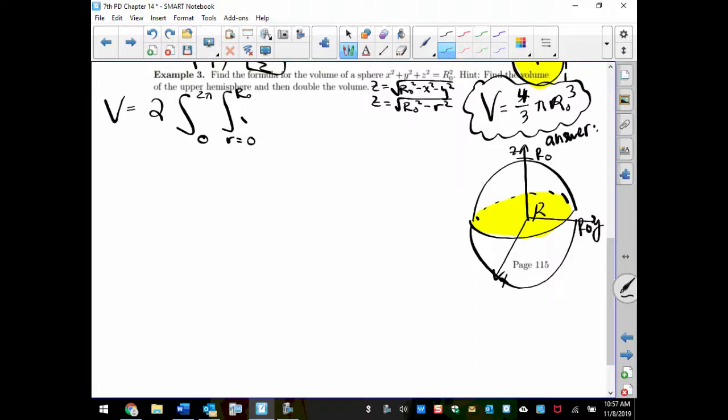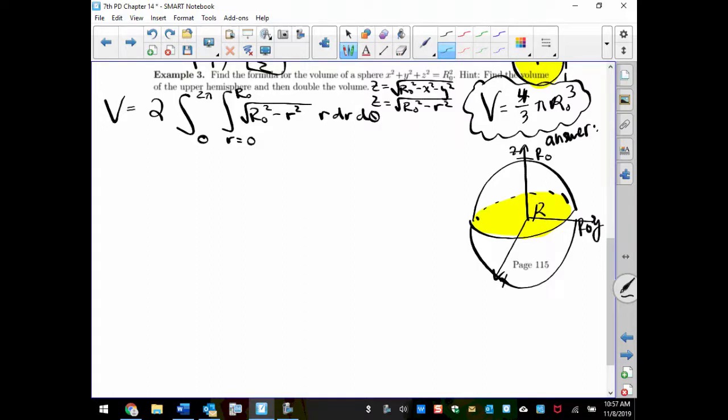So we want to replace the inside. We're integrating over this upper hemisphere of r0 squared minus r squared, and we can't forget our r dr d theta. Okay, so that is the hardest part of these problems, is to set up your integral. Once you've got the integral set up, it's just back to single variable calculus, where you're just integrating.